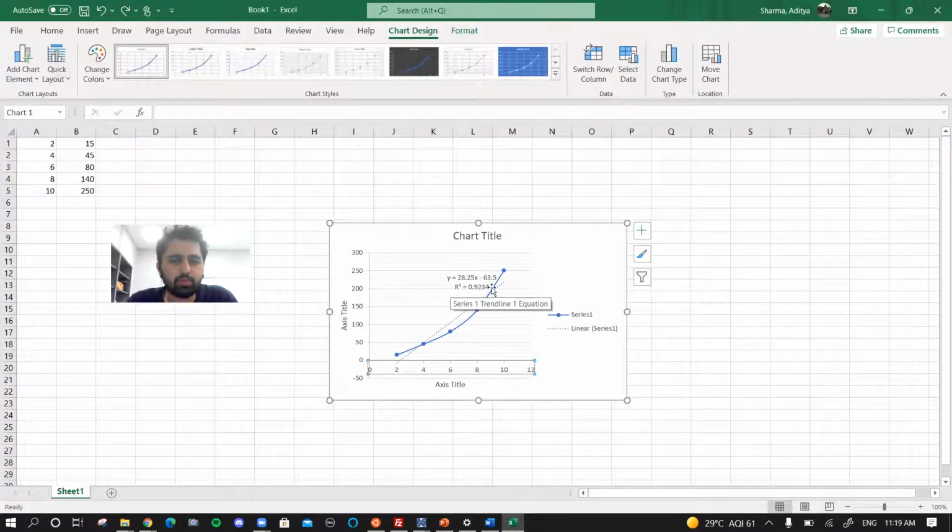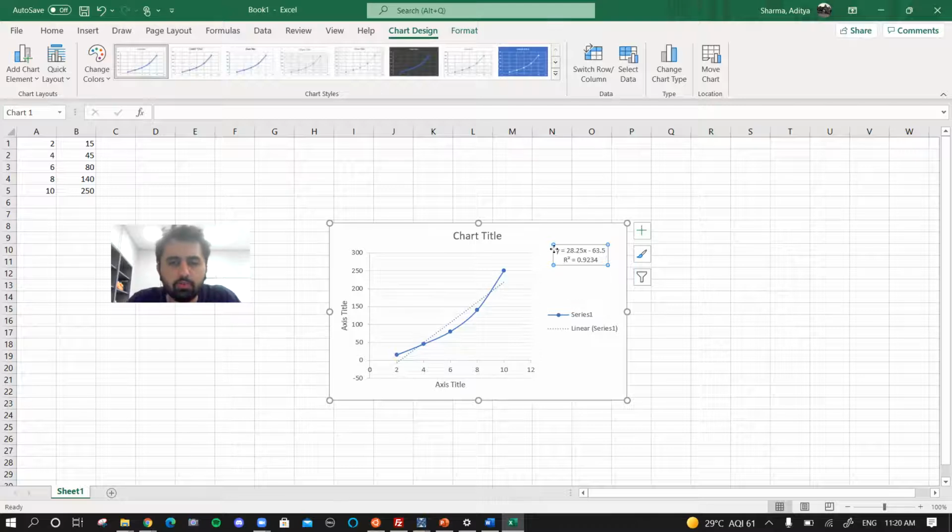And I think everyone knows what this equation means. This is just of the form y is equal to mx plus b, where y is the y-axis, x is the x-axis, m is your slope, and b is the vertical intercept. I think that is what we cover in the first lab in physics 1. So everyone is familiar with that equation. You don't need to look at the r squared.